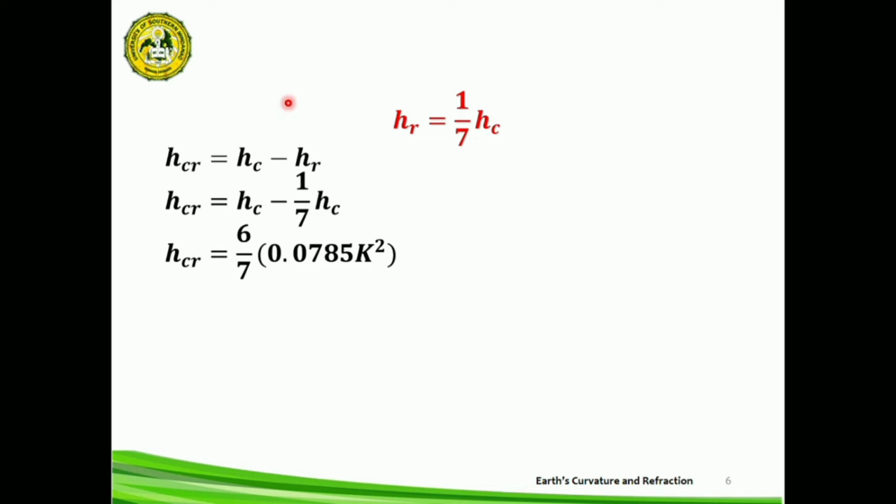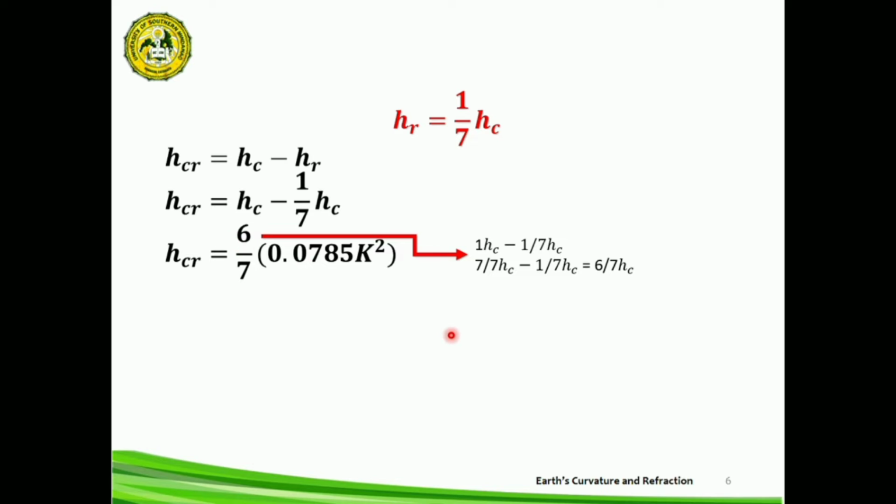So kung nagtatanong kayo kung saan po nanggaling yung 6 over 7, ito po yung katulad sa algebra po natin. So, ito po yon. Yung HC po dito, meron po talaga yung 1 na value. Kasi pag wala po yung 1, magiging 0 po yan.